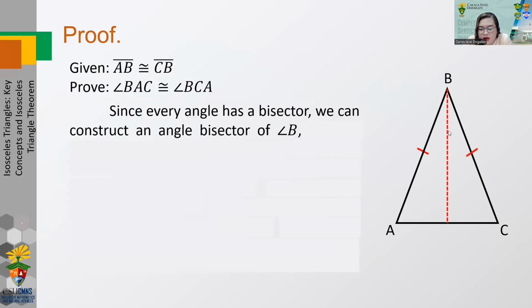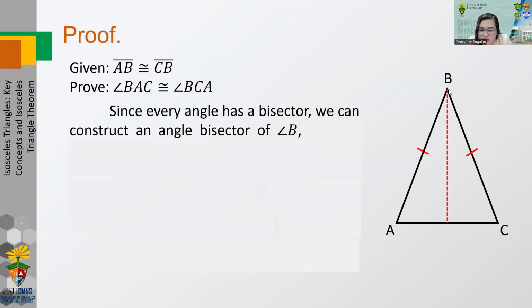Di ba nakabuo tag duha ka triangle? So pwede ta magamit og congruent triangles tapos CPCTC dayon. Kay we have bisector man, pasabot this one is congruent ani. And naa tay reflexive nga side. So side, angle, side. By CPCTC, so this angle is congruent ani nga angle.